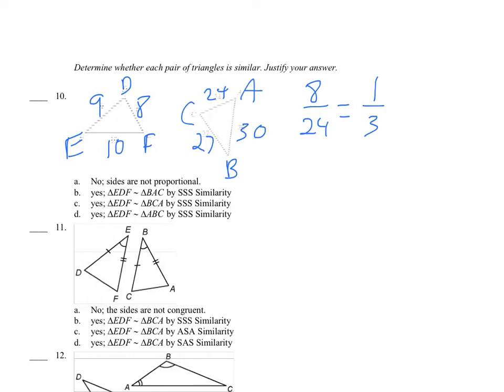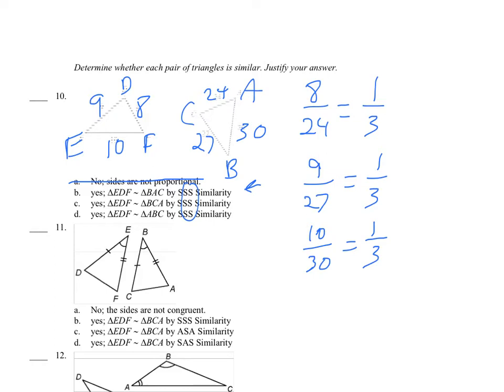Second smallest is 9, 27 is the second smallest. That also is 1/3. And then we have 10 over 30, which is 1/3. So yes, they are similar. Now, notice they all are side-side-side similarities, so we know that that's going to be the case.